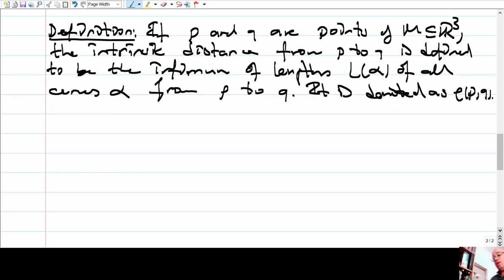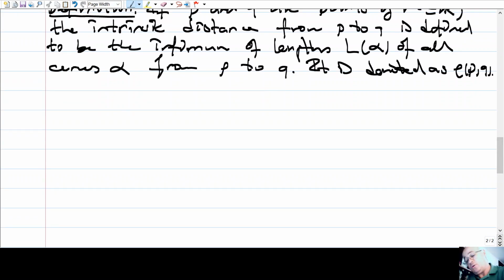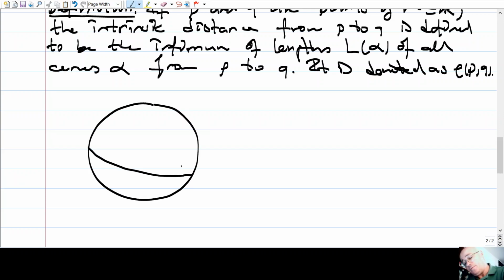Well, what is this intrinsic distance? Actually, it is something we use every day in daily life. Why is that? The world we are living in, although some people do not believe it, is a sphere, right? It's round. And how do you measure distances on the sphere?